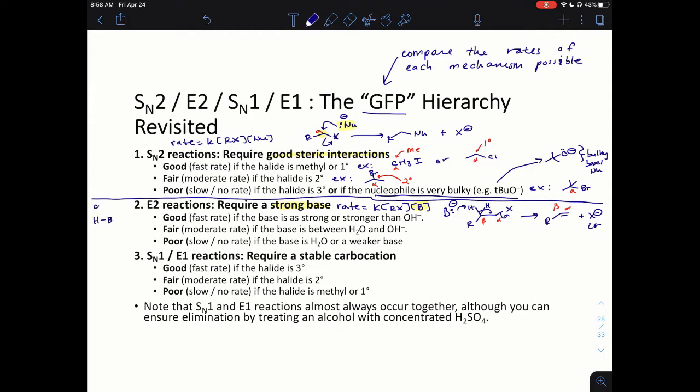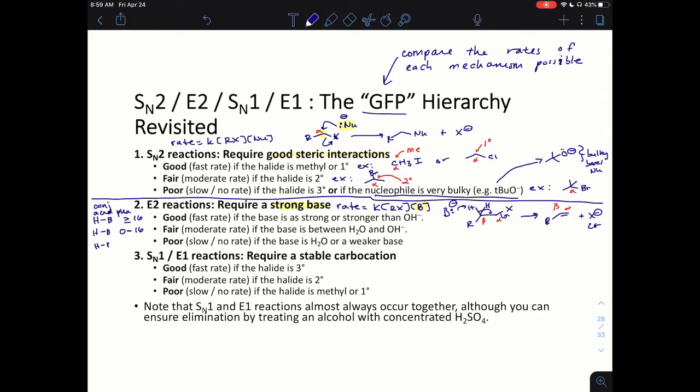And you want to look at the conjugate acid pKa. If the conjugate acid pKa is greater than or equal to 16, like it is for water, then you'll have a good fast E2. If the conjugate acid pKa is between that of hydronium and water, so if it's between 0 and 16, then you will have a fair E2.